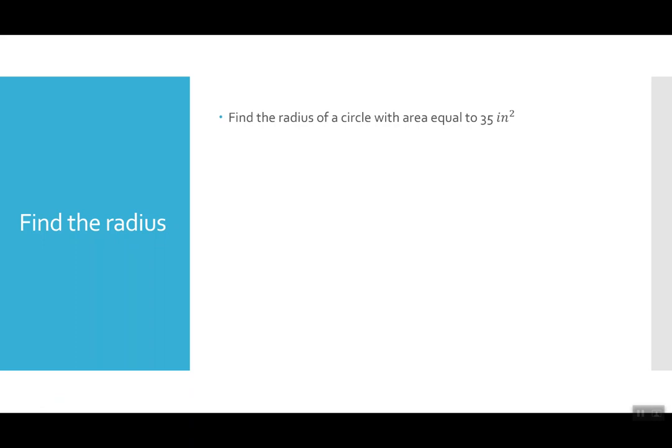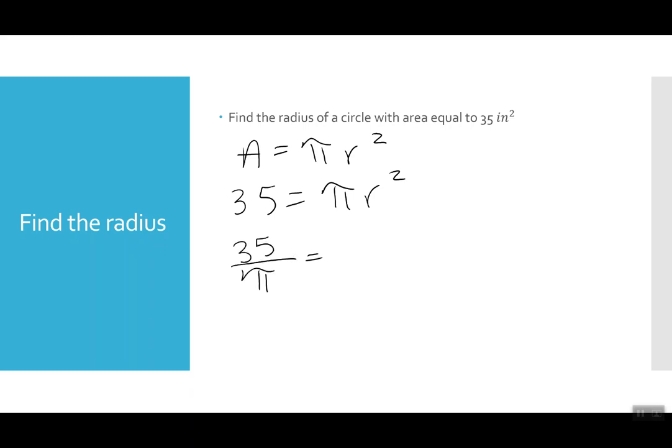Let's find the radius of a circle with an area equal to 35 inches squared. We know area is equal to pi r squared. That says 35 is pi r squared. To get r by itself, I need to divide by pi, and then to get r, I need to take the square root of both sides.